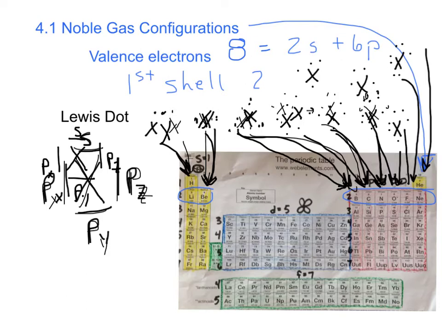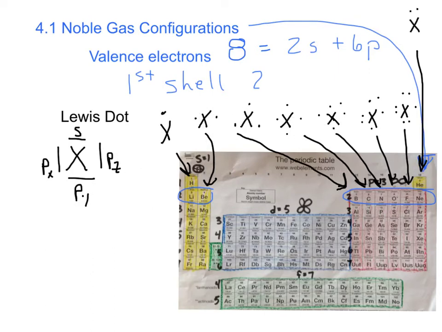Then we have fluorine's, 1 in each of the P, go back in pair. We have one group that's not paired. And then we have the very last column right here, which is the noble gas column, which has 2 on each side. Represent 2 in the S, 2 in each of the P orbitals. So they show you really quickly with the Lewis dot the valence shell electrons.